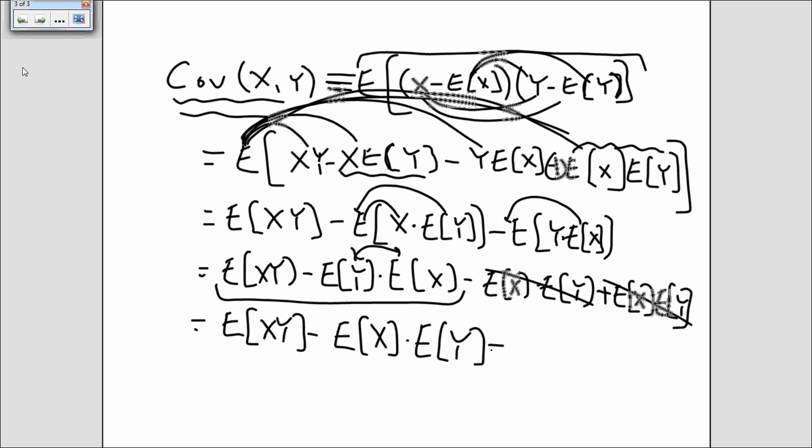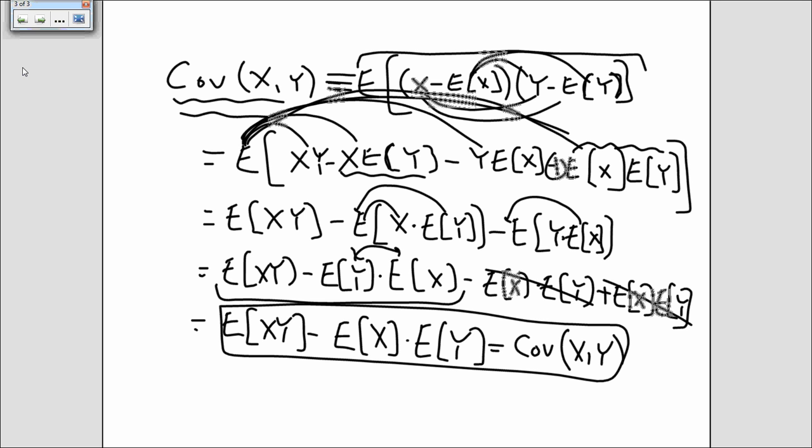So this is another way of calculating the covariance of x and y. And anytime you forget it, all you do is distribute the product from the definition.